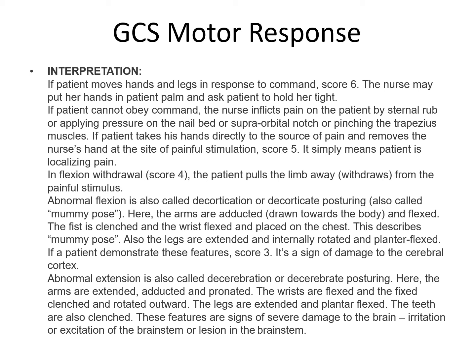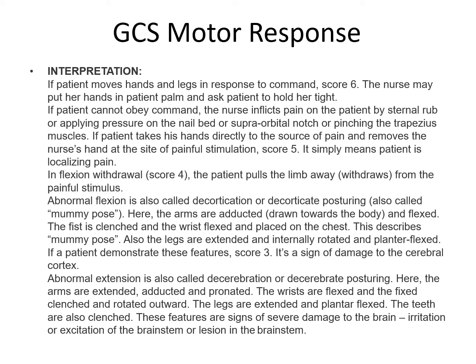Similarly, if you go to start an IV on this patient, say you're starting an IV in the right AC antecubital area, and if the patient takes his left hand and reaches over to the source of pain and tries to move it away, then he gets a score of 5.